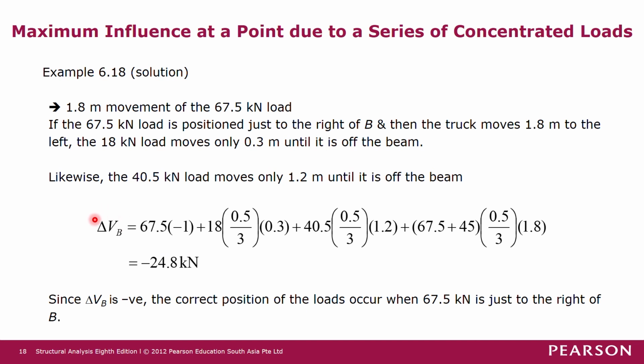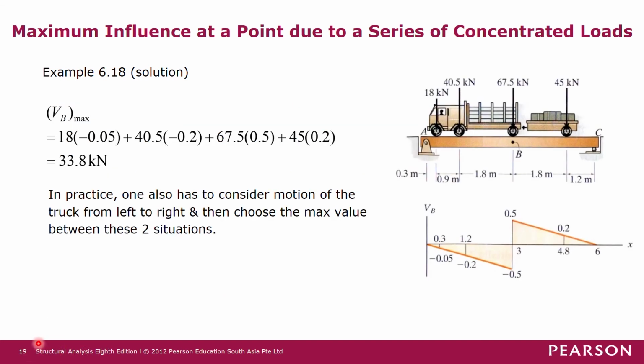I mean that by moving the 67.5 kilonewton force to the left of the beam from point B, the shear force becomes less. So in this case, the correct position of the loads occurs when the 67.5 kilonewton is just to the right of point B.